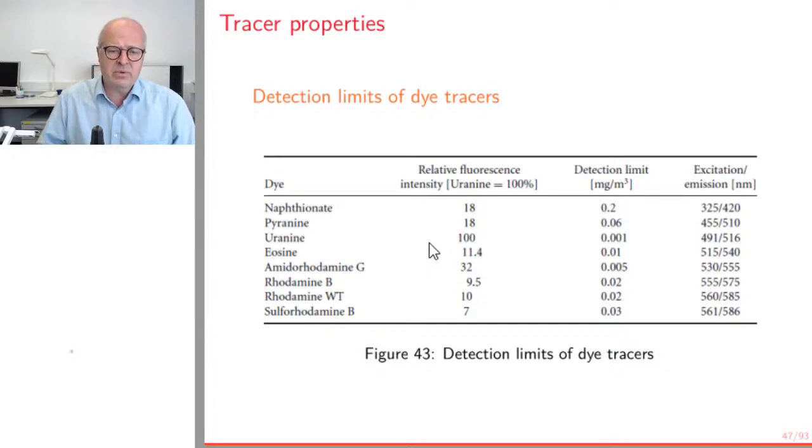Relative fluorescence, we have repeated this several times, and excitation emission wavelengths. You find these properties in chapter 3. It's not chapter 3. I think it's chapter 4 of the book on tracer properties.